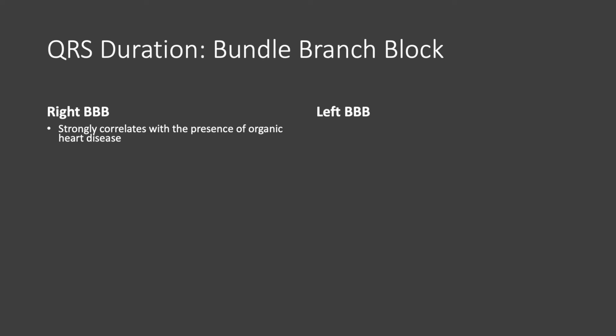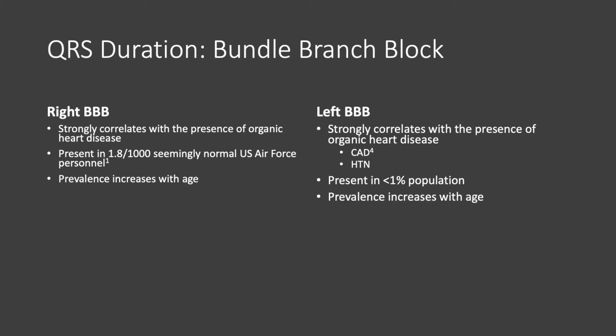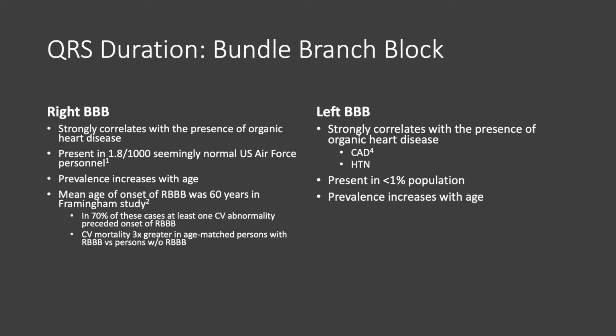We'll start by talking about the impact of the QRS duration on one's risk for sudden cardiac death. Both the right bundle branch block and left bundle branch block are strongly correlated with the presence of underlying heart disease. Both right and left bundle branch block are present in less than 1% of the population, and the prevalence of both increases with age.